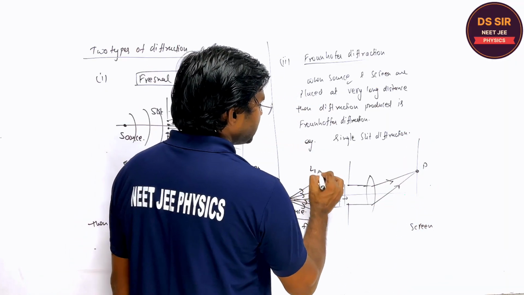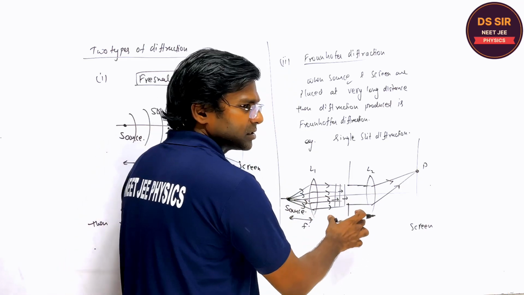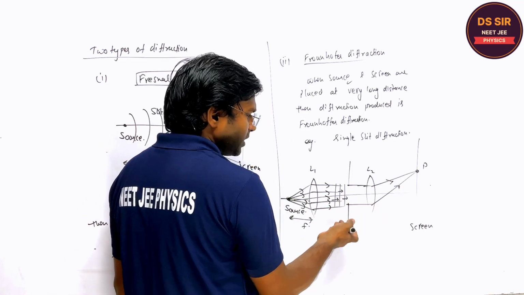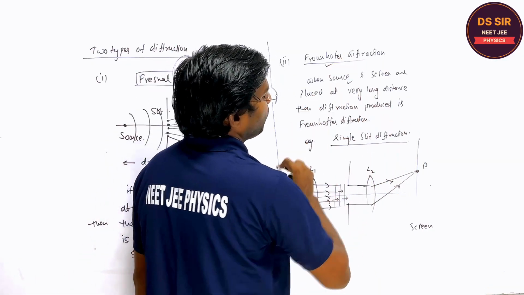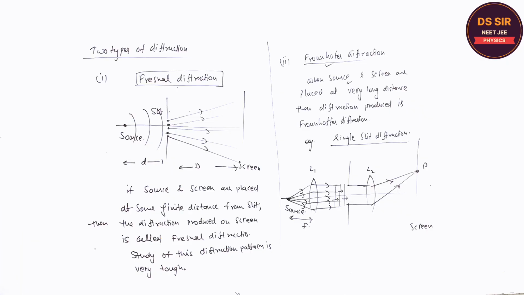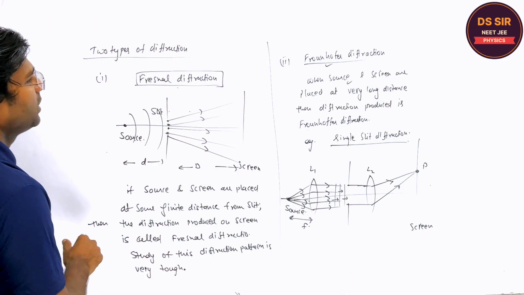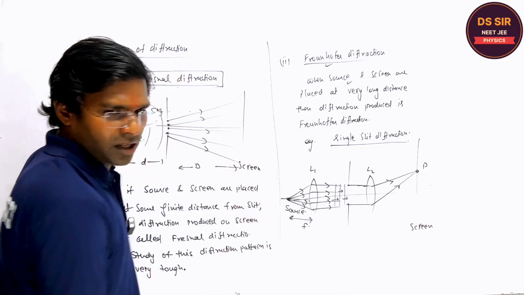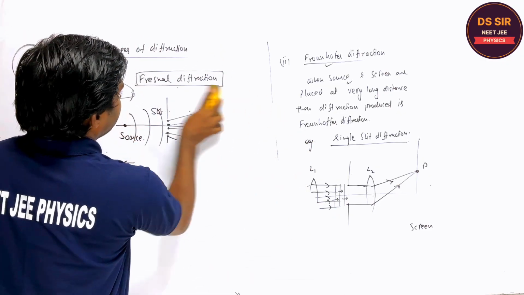So this is L1 and L2; we can put the two lenses, in front of and behind the slit, to get the Fraunhofer type of diffraction. Is it clear or not, Sanjay? Copy this. Do you understand this? There are two types of diffraction, Fresnel diffraction and Fraunhofer diffraction. Is it clear?